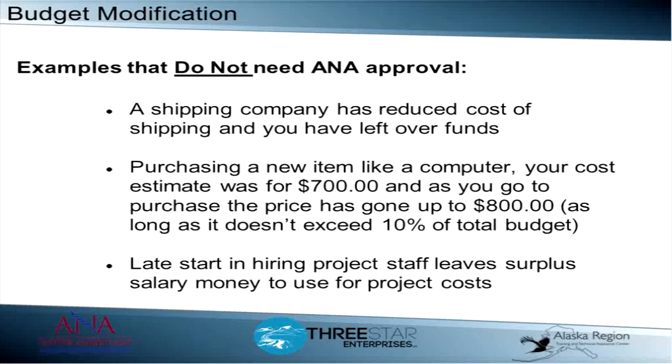You're 3 months into your project and you still haven't accounted for a staff member. You're going to have to adjust for that, and you may fall within the approved amount so that you don't have to do the staff change that Angela had mentioned, where they're gone for a certain amount of time.